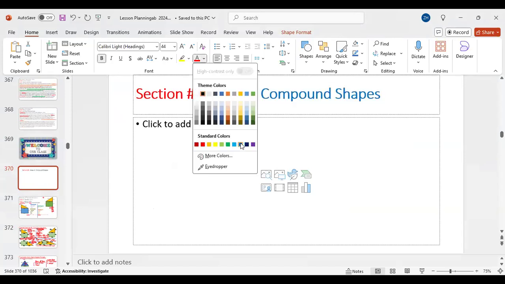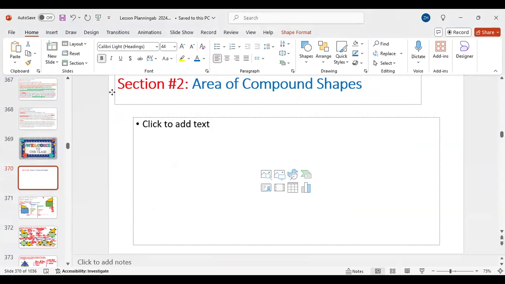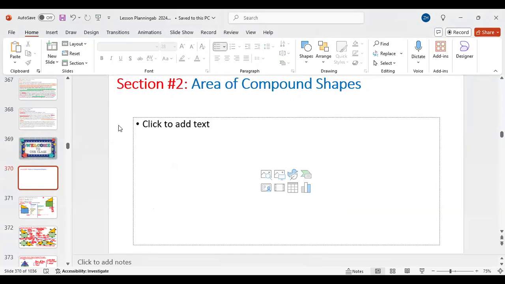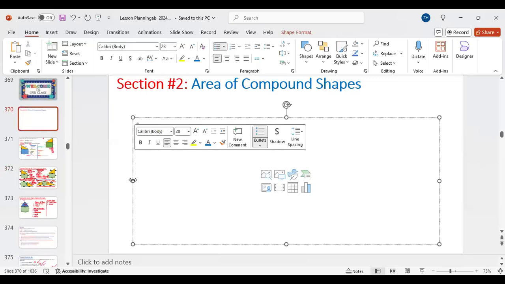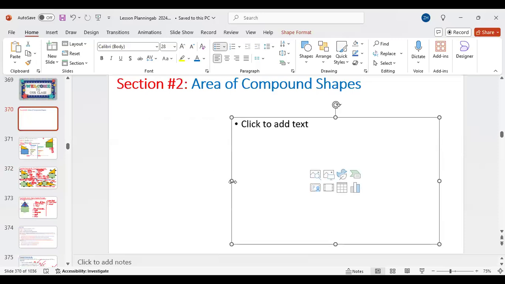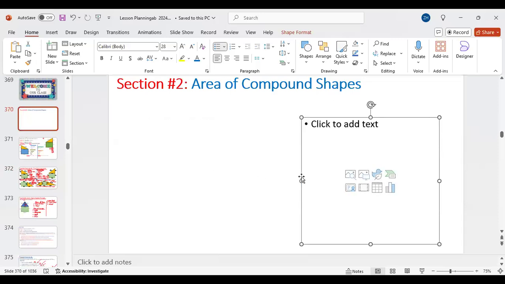So, area of compound shapes. This is where we combine our knowledge of what we know so far to figure out the areas of these different shapes that we encounter. Let's do several examples here, and I'm hoping we can move quickly enough to at least do the quiz on this.